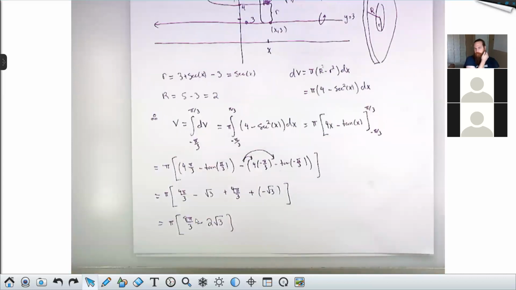Questions on this problem? Yeah, Zach, nice typing of the square root notation there.